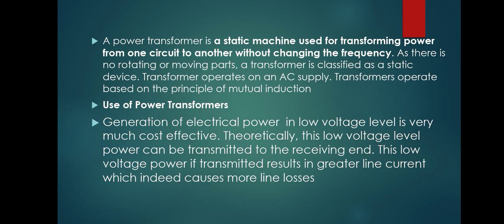Generation of electrical power at a low voltage level is very cost effective. Theoretically, the low voltage level power can be transmitted to the receiving end. But when low voltage power is transmitted, it results in greater line current, which causes more line losses.